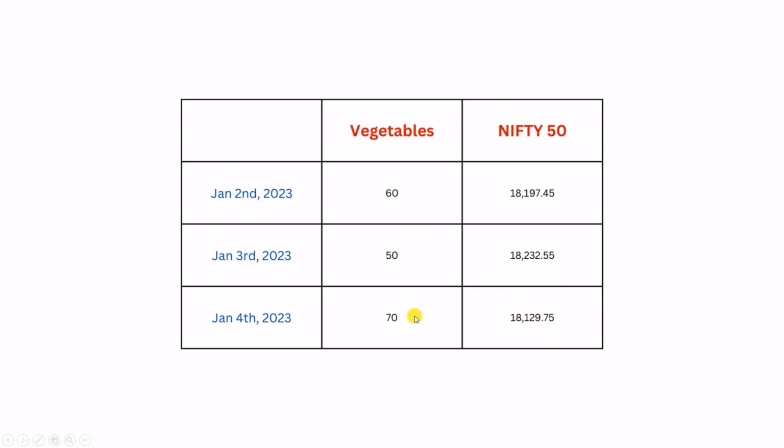So looking at this price, your mother comes to know that on Jan 2nd it was 60 and on Jan 3rd it has reduced to 50, which is good in the case of buying vegetables for us consumers. And on Jan 4th it has increased to 70. So your mother comes to know about the price fluctuation or price movement of the vegetables by looking at this value.